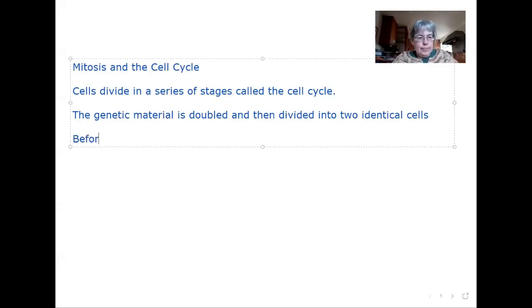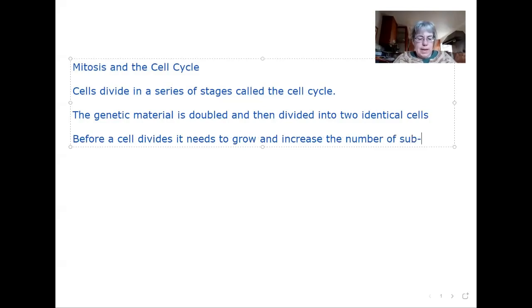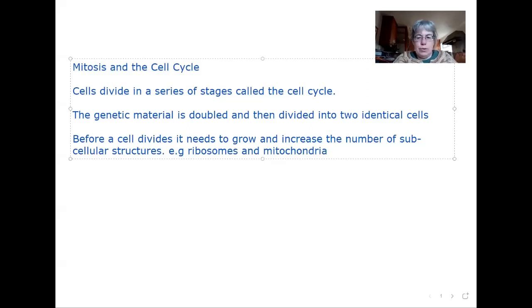So before a cell divides, it needs to grow and increase the number of, I love this word, subcellular structures, e.g. ribosomes and mitochondria. That's really important.